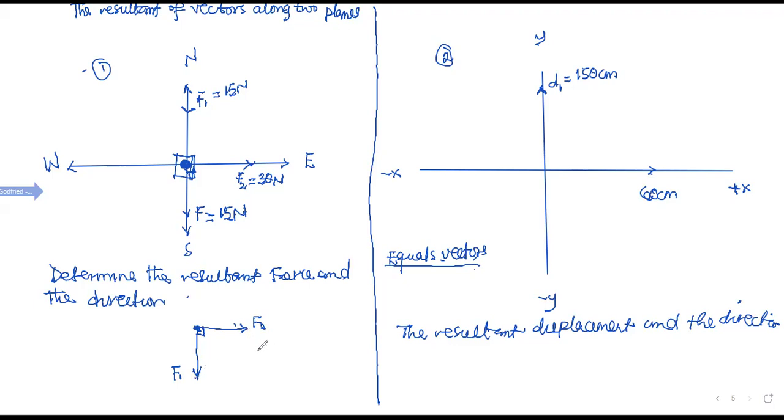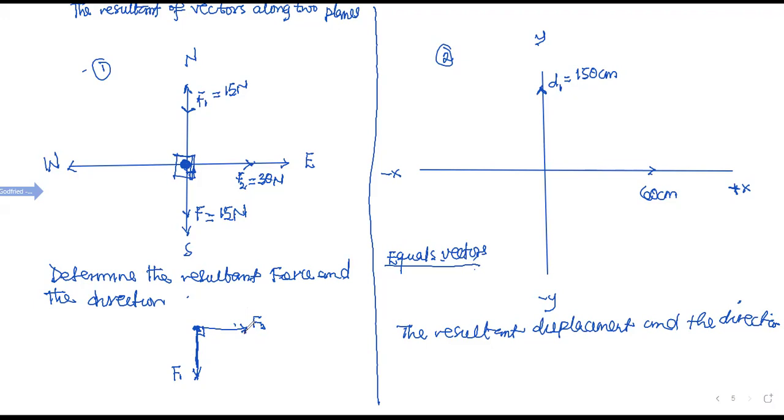How do I do that? If I want to create the equal vector of F1, I need to measure the magnitude of F1. Its magnitude is 15. So I'll measure 15 Newton and then place it on the head of F2. So the equal vector of F1 must be placed on the head of F2.